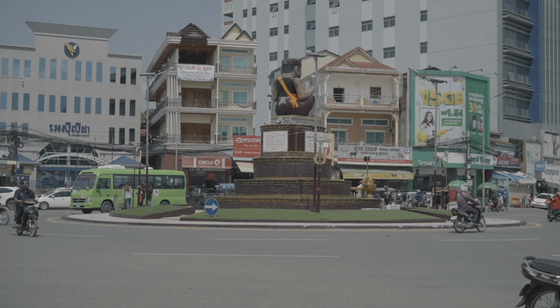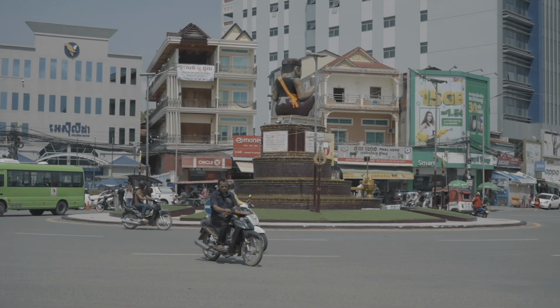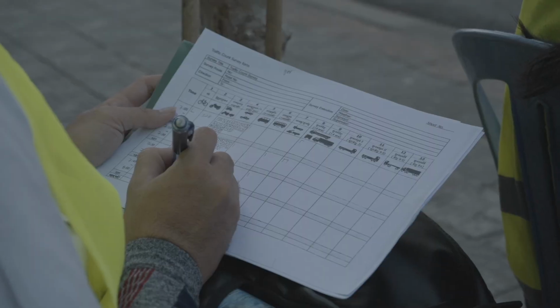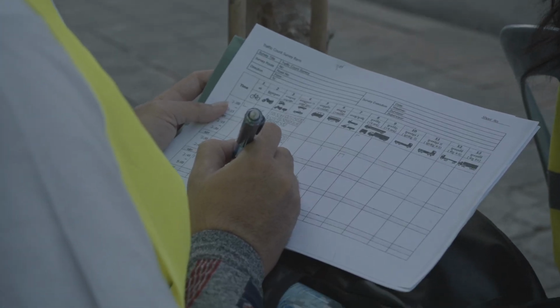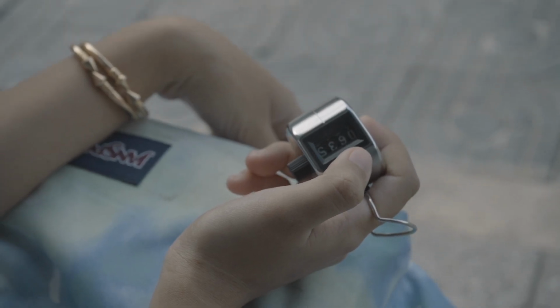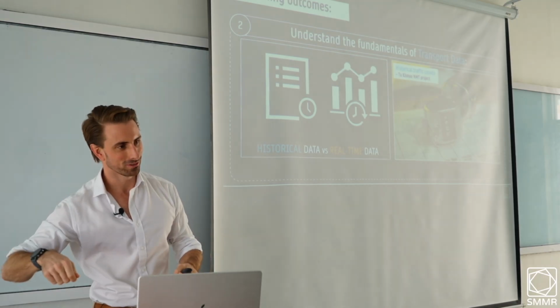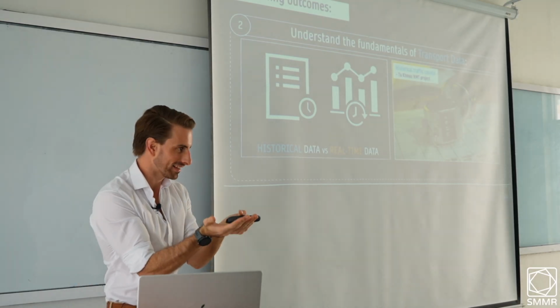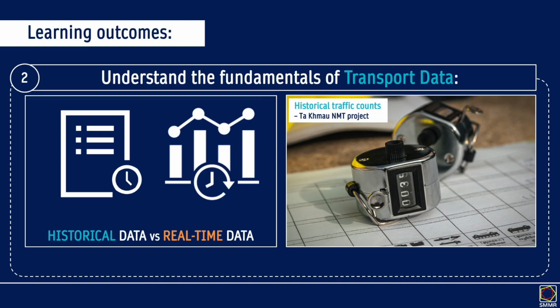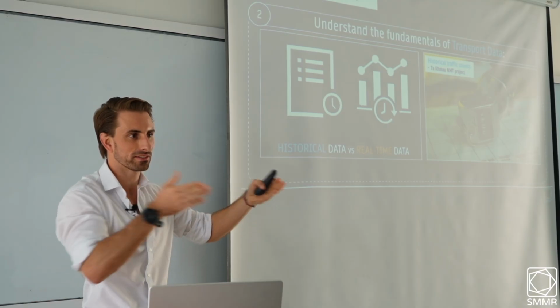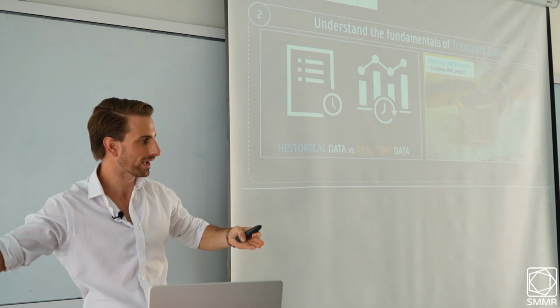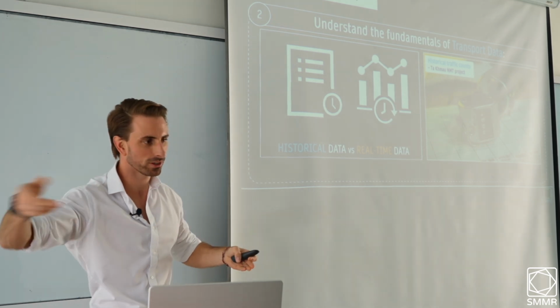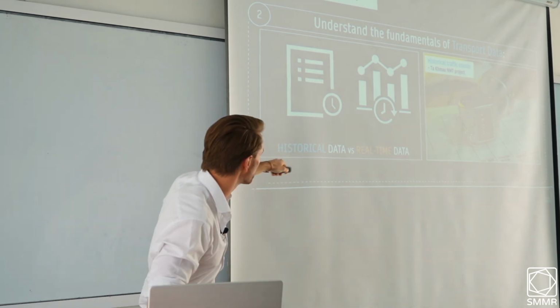When we went and did traffic counts in Takmao, you collected data on a Saturday in September, and you manually counted all the different vehicles. And now we have a data set for that Saturday in September, which is now in the past. So it's historical data. It's data of a specific event in the past. Now it is still relevant because not too much time has passed, but in 3 years, the traffic condition will be different. So that's historical data.